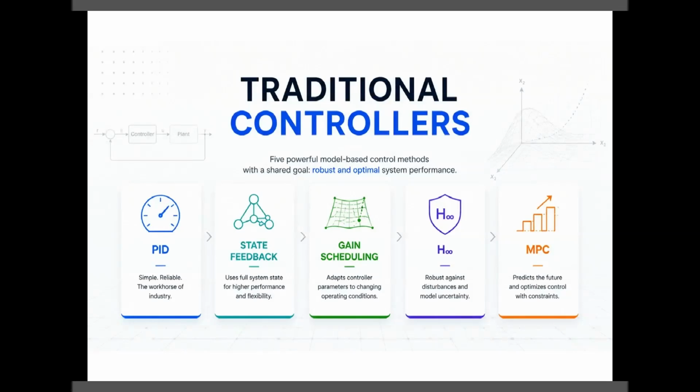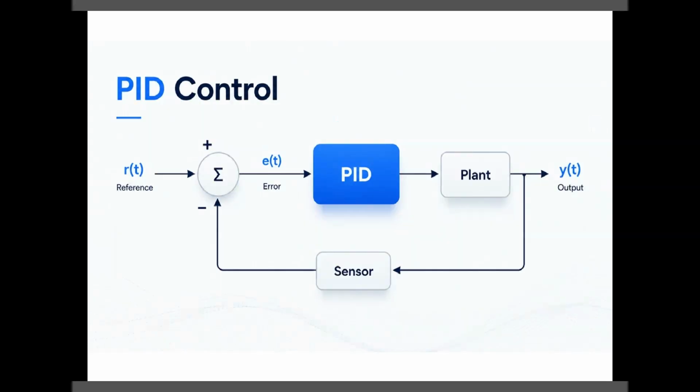Although these methods may appear very different, they all share the same objective: designing a controller that enables a system to behave in the desired way. So let's start with the most widely used controller in engineering, the PID controller.